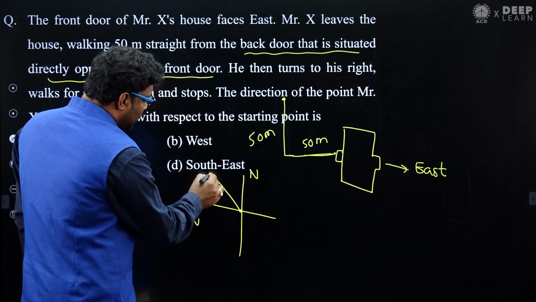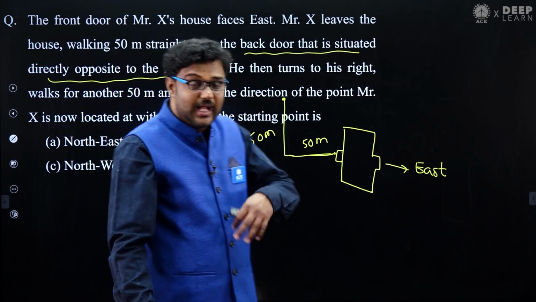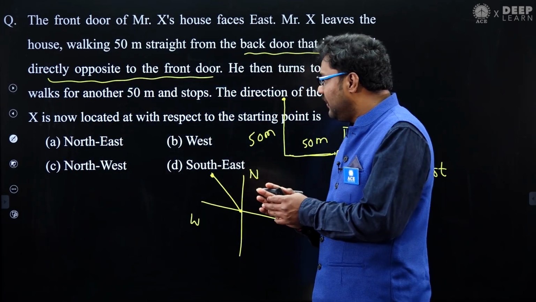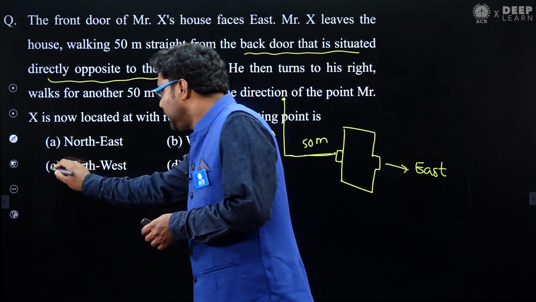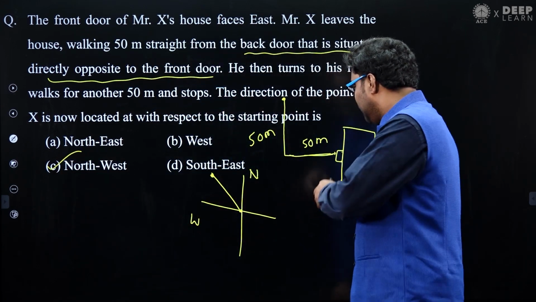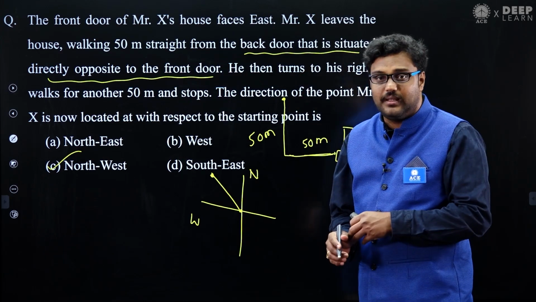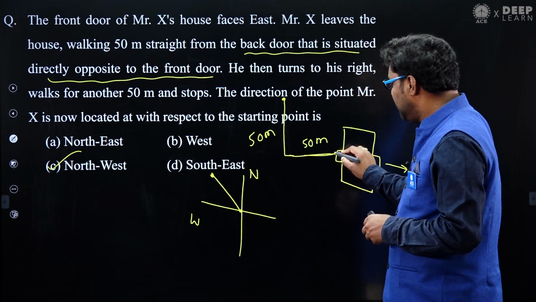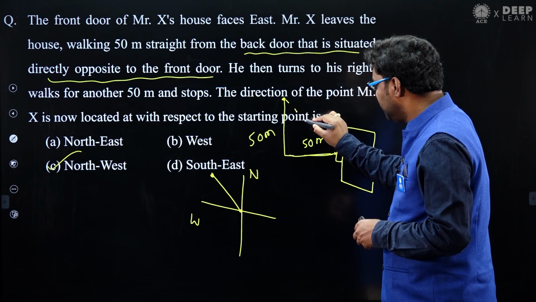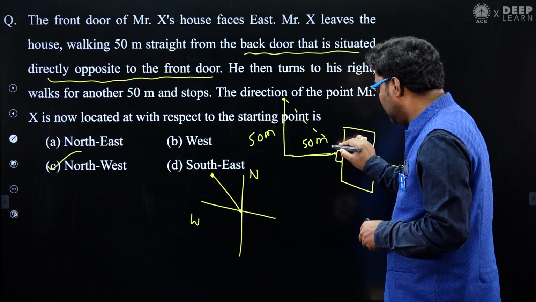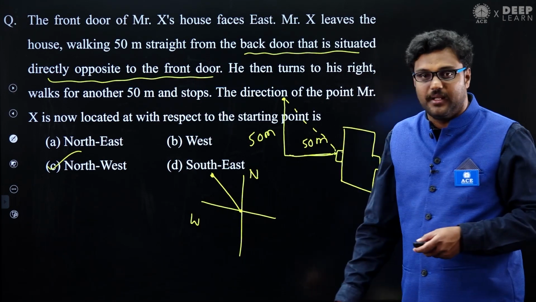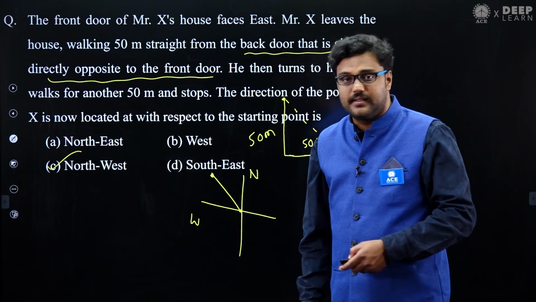So right now that person's location is northwest. They're asking only the direction. 50 meters towards west, then 50 meters towards north, so he is now northwest with respect to the starting point. So northwest is the answer. Got it?